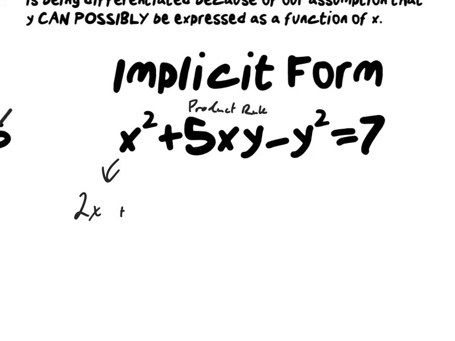What I like to do with my product rule is I like to set up my parentheses, and I always use 2 parentheses with a plus sign in the middle, and I just start separating the variables that I'll be using. So 5x will be what I put in my first parentheses here, whereas on the other one I'll be using the y.